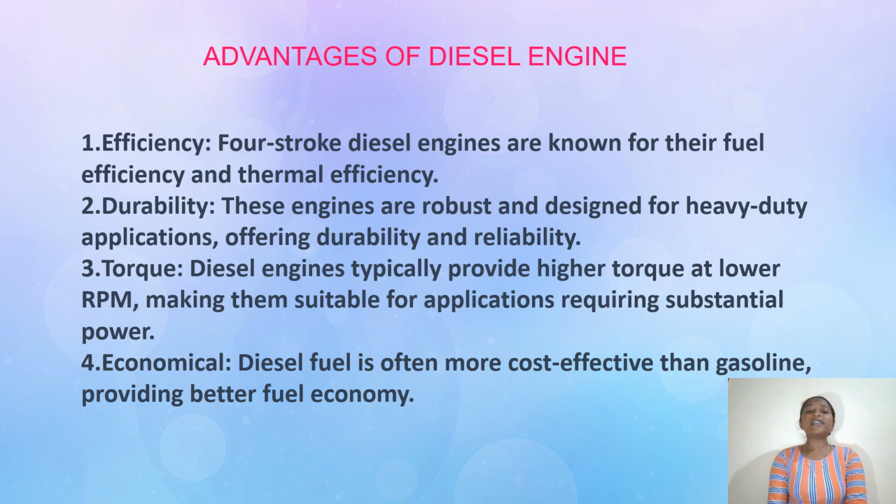Third is torque. Diesel engines typically provide higher torque at lower revolutions per minute, making them suitable for applications requiring substantial power. And fourth is economical. Diesel fuel is often more cost effective than gasoline, providing better fuel economy.